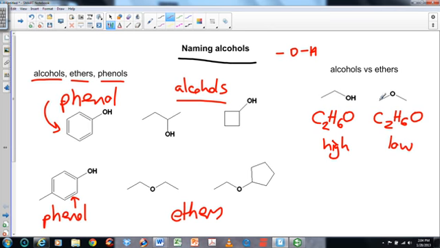This is ethanol, the alcohol that you'll find in beer, in moonshine, or whatever you choose to drink, or Jack Daniels, or whatever.